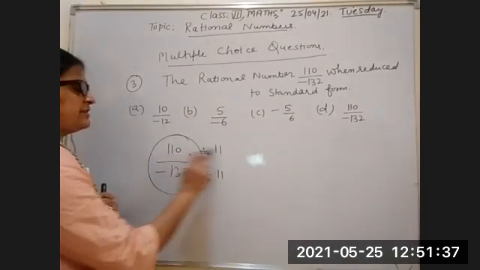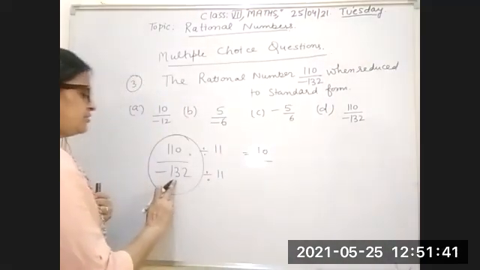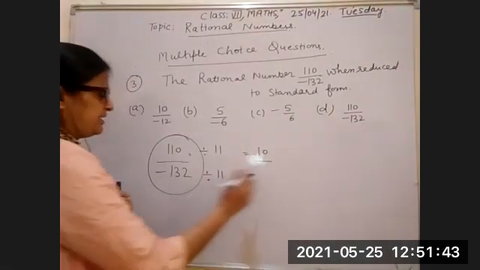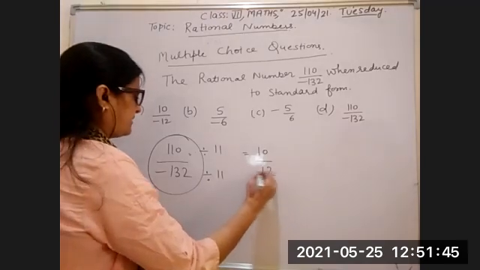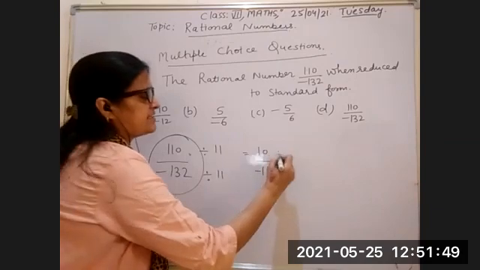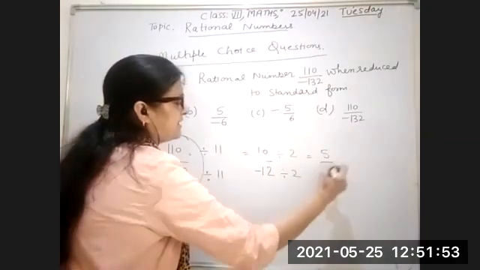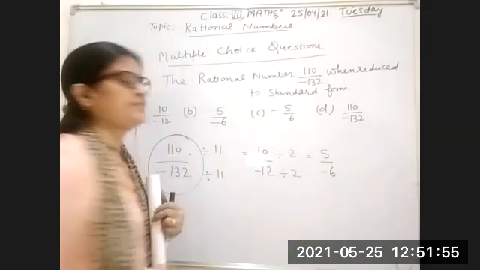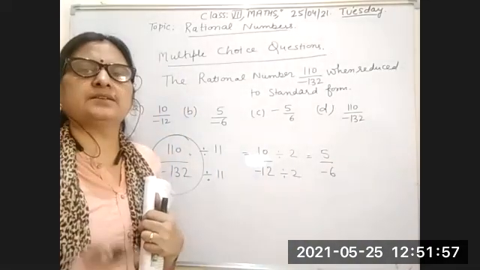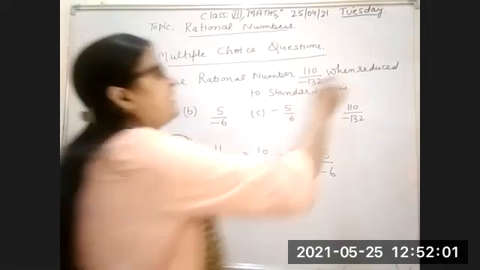When you divide 110 by 11, you get 10, and when you divide 132 by 11, you get 12, minus 12. Again, it is divisible by 2. So 2 5s are 10 and 2 6s are 12. This is the answer, but you have to show it in the standard form also.